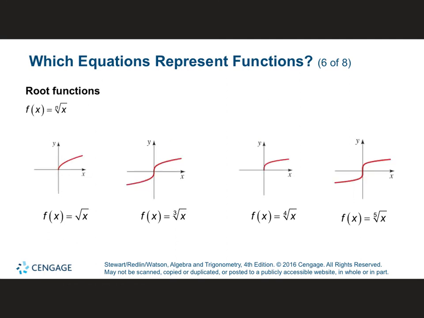For root functions, if you have the index that's an even number, so the square root, the fourth root, the sixth root, the eighth root, and so on, you're only going to have part of this S looking line. So it's only going to be that one side. If you have the odd root functions, so the cube root, the fifth root, the seventh root, the ninth root, and so on, you're going to have the full line of that S.